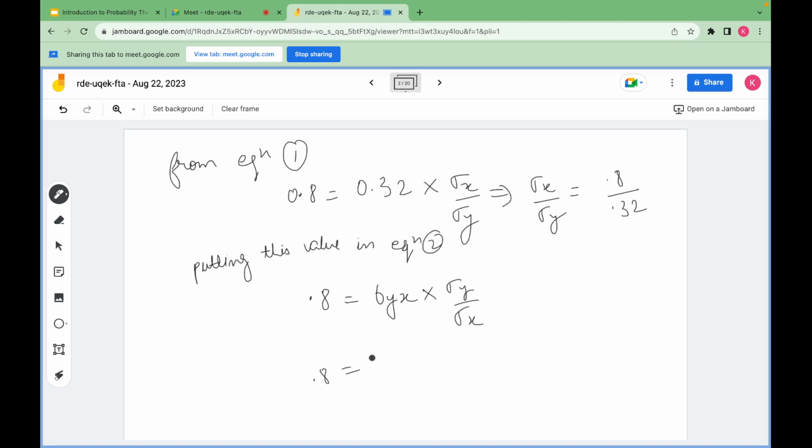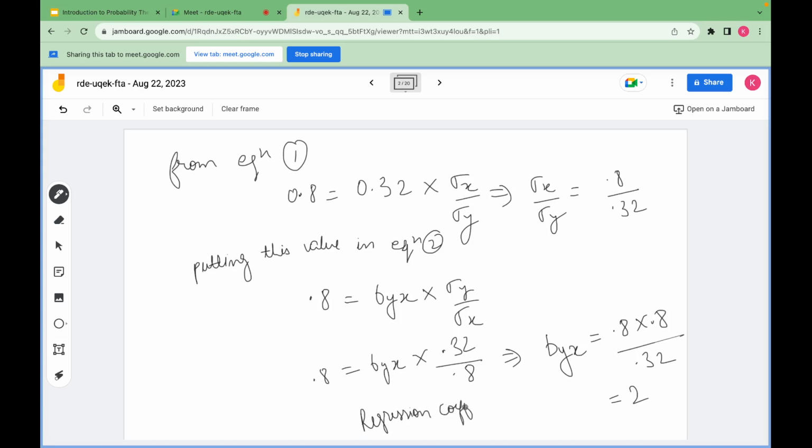Here sigma x by sigma y is 0.8 by 0.32, and we want sigma y by sigma x, which is 0.32 divided by 0.8. From here we find that Byx is 0.8 into 0.8 divided by 0.32, which is nothing but 2. So the regression coefficient of y on x is equal to 2.